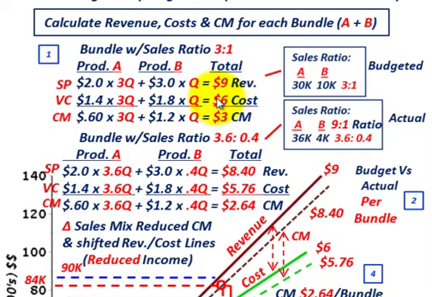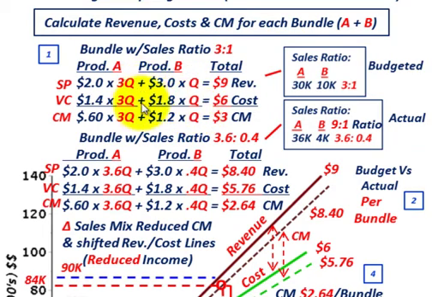And then contribution, you can look at it in these terms. The difference, $2 less $1.40, is 60 cents per unit for product A times 3Q. And then for product B, the $3 selling price less $1.80 variable cost gives us $1.20 in contribution margin times 1Q.